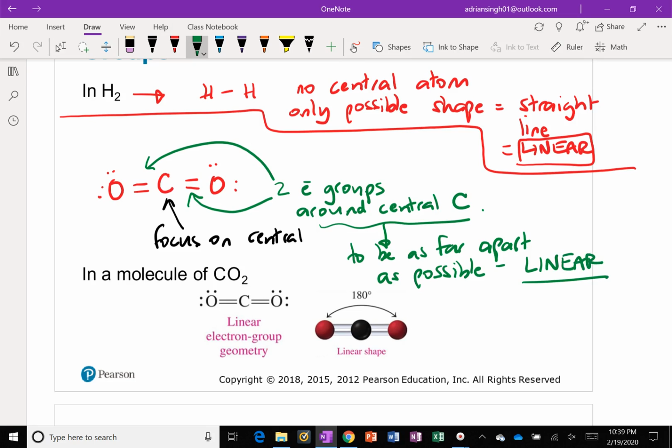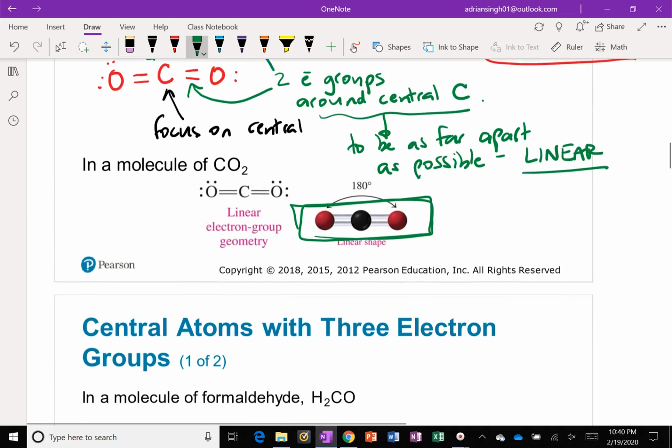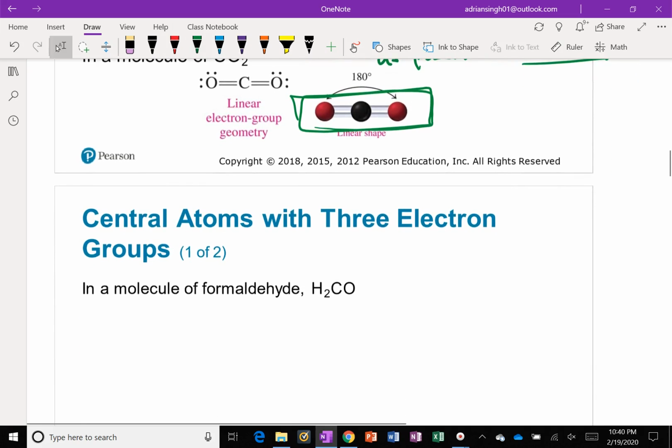So when you look at the structure for carbon dioxide, it actually looks like a straight line. And as you may know, the bond angle in a straight line is 180 degrees. So we have to start with the correct Lewis structure before we're able to determine the shape of the molecule.